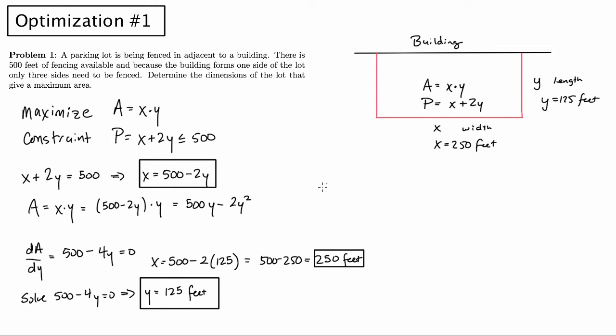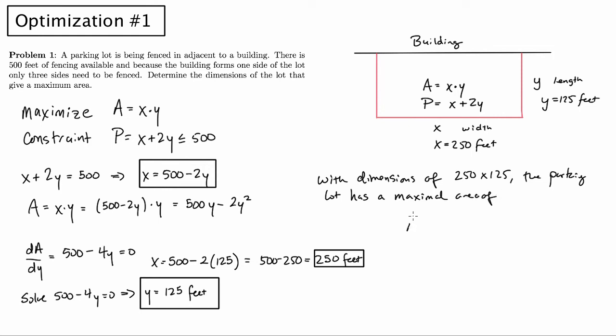This means that, so this is kind of finishing off the problem here, with dimensions of 250 by 125, the parking lot has a maximal area of 250 times 125, length times width, and that area that we think is the maximum is 31,250 feet squared.